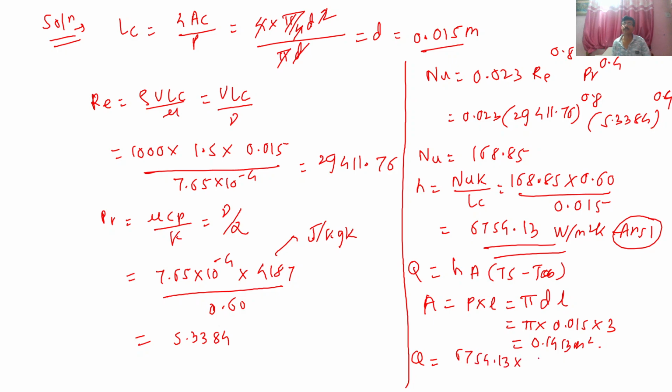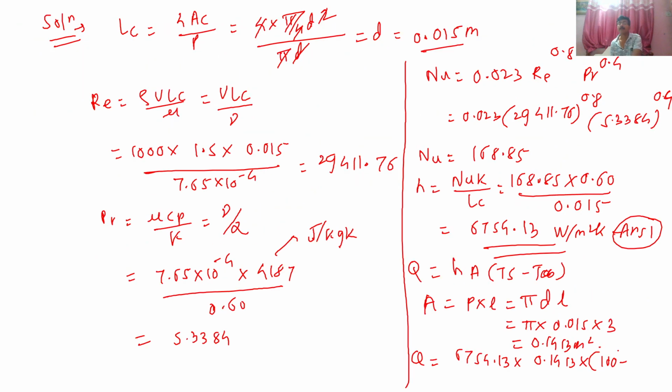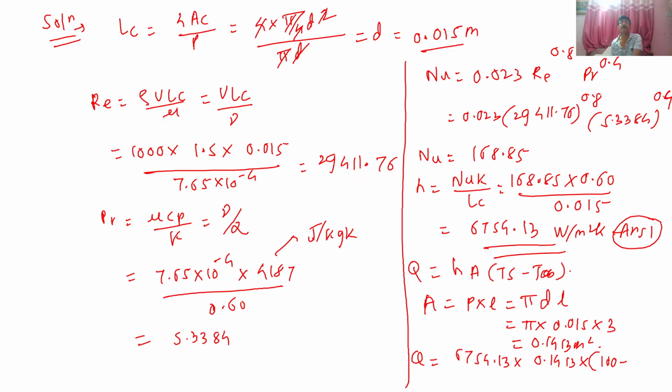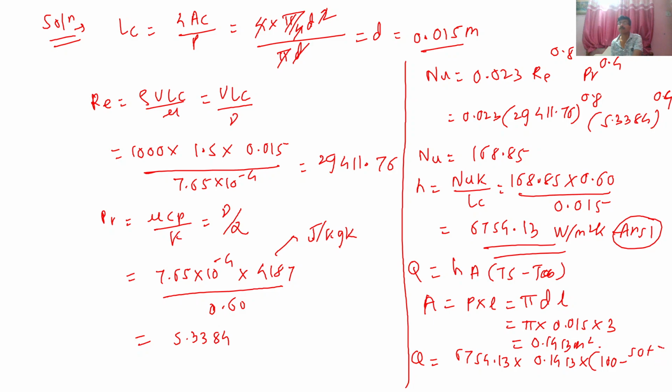So if I put it here, Q is equal to h, 6754.13, into area 0.1413, into Ts minus T infinity. Surface temperature is given as 100, I think. Look at here. Ts is 100 minus, what is T infinity? T infinity is calculated as the average of entry plus exit, so 50 plus 70 divided by 2.